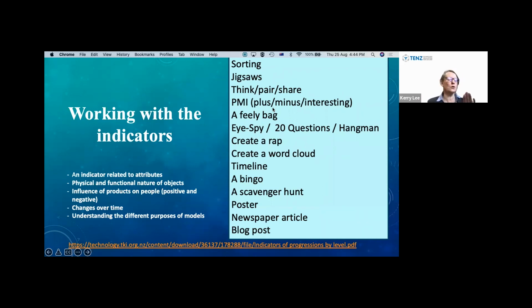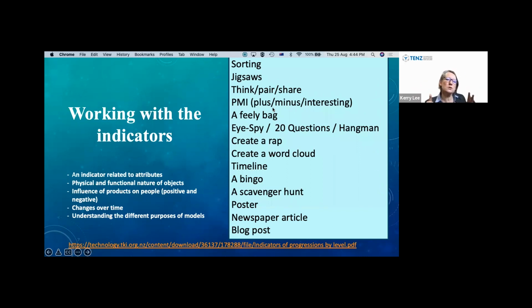It could be you've got a jigsaw and they're matching a decade and the item, or they're placing a whole lot of images of hydroponics over the era, or growing plants over the eras, or it could be gardening tools over the eras, and they have to order them in what came first, what came next.